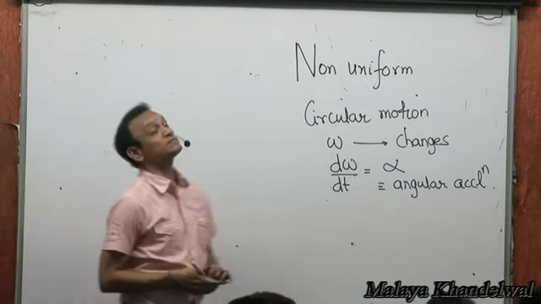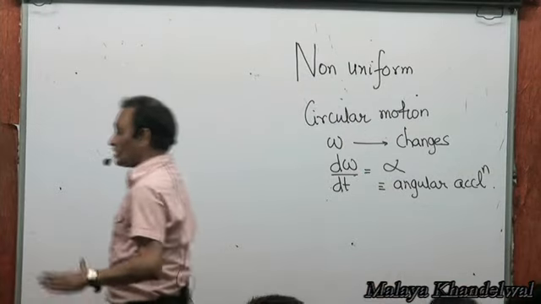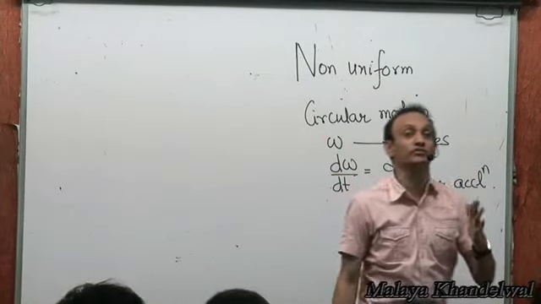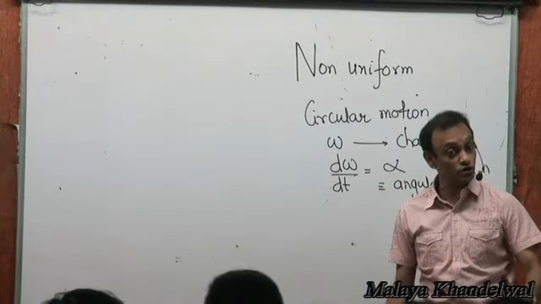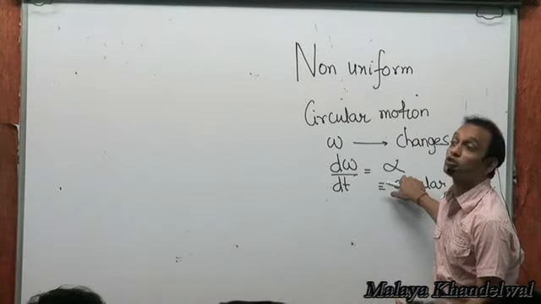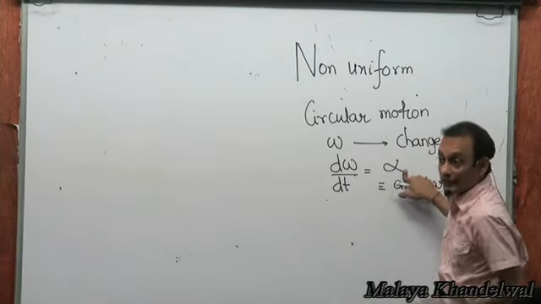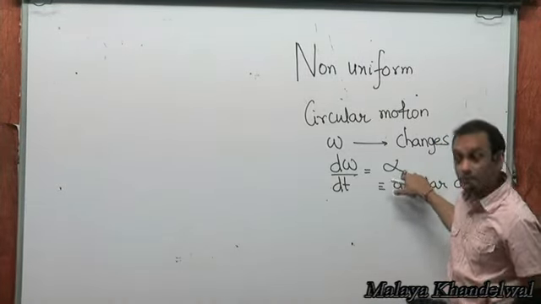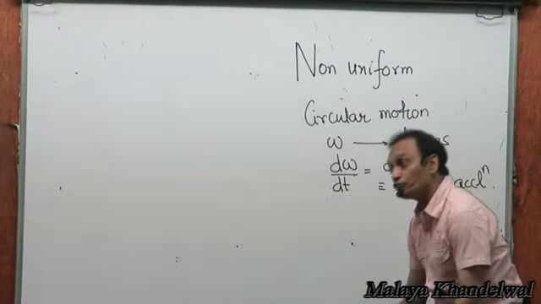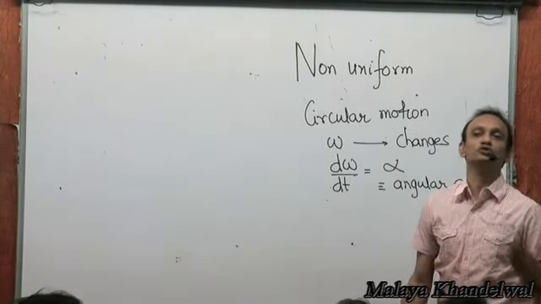Now I would look at a special non-uniform circular motion in which omega is changing, but alpha is remaining constant. Angular acceleration remains constant. Otherwise alpha could also change with time, right? But we will assume that there is this case for non-uniform circular motion in which omega changes with time, but alpha does not change with time.